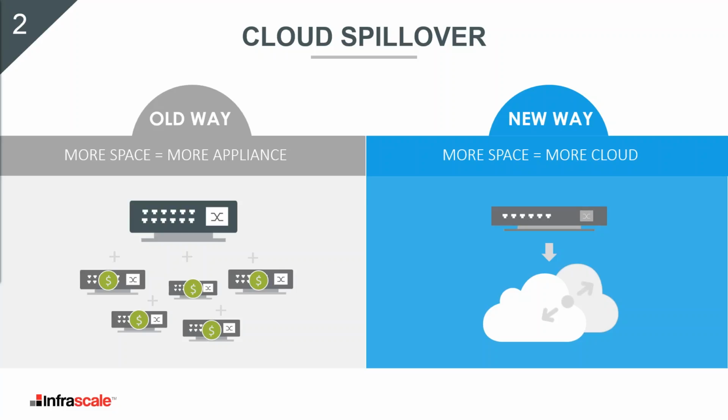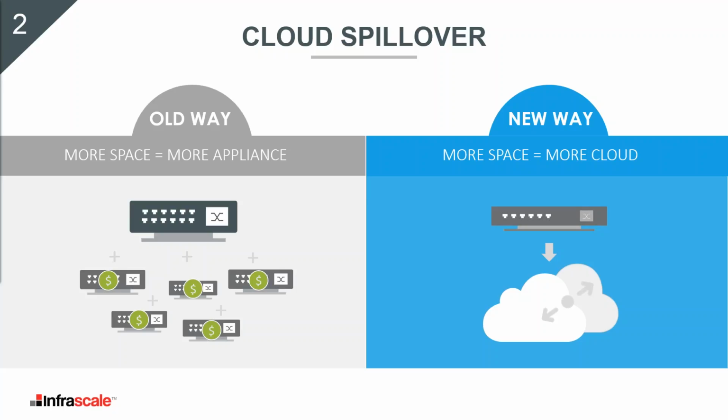By utilizing the cloud and intelligent spillover technology, you can spill data over from the device to the cloud based on policies that you set regarding the value of that data and the age of that data. So you keep all of your most critical data locally on site, and then you can spill over the rest of your data to the cloud, which is an incredibly cost-effective solution.